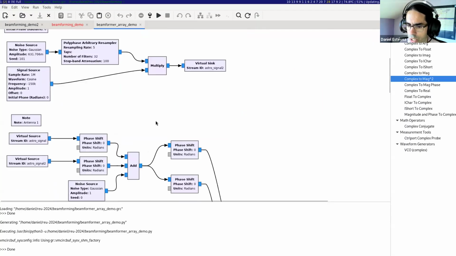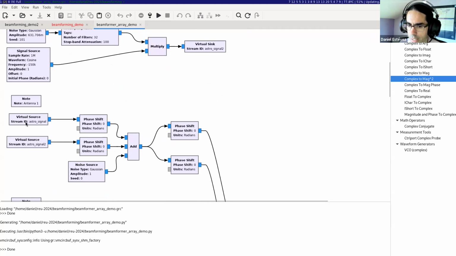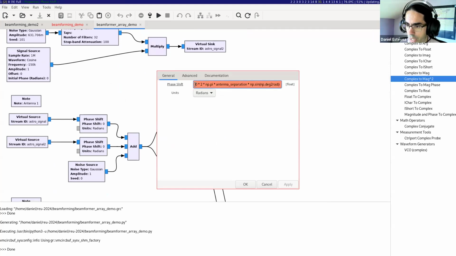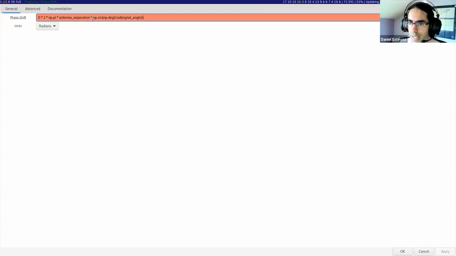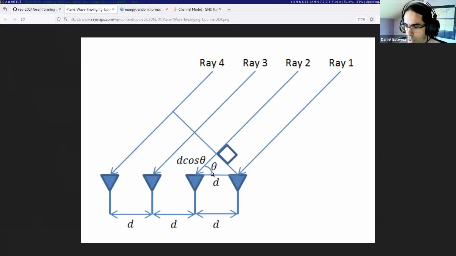So we have these two Gaussian signals, and then on each of the antennas, and there are 6 of them, the two astronomical signals come in. Each of them is subject to a phase shift. So for the first antenna, I have 0 here, and then antenna separation is what was called D in the diagram. I have the sine of the signal angle rather than the cosine, and the reason is this is measuring the angle from the horizon, from this horizontal line.